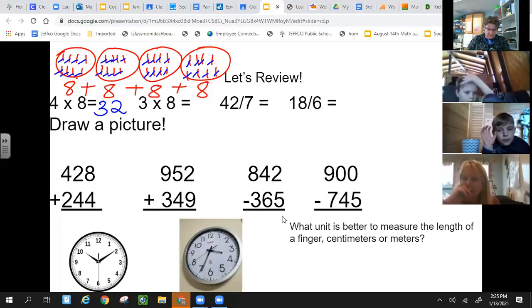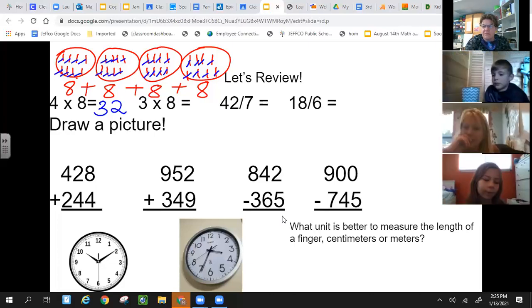I didn't really draw it, but you could, if you know what 8 plus 8 is, which is 16, you can add 8 plus 8 two times, and then add 16 plus 16, which equals 32.